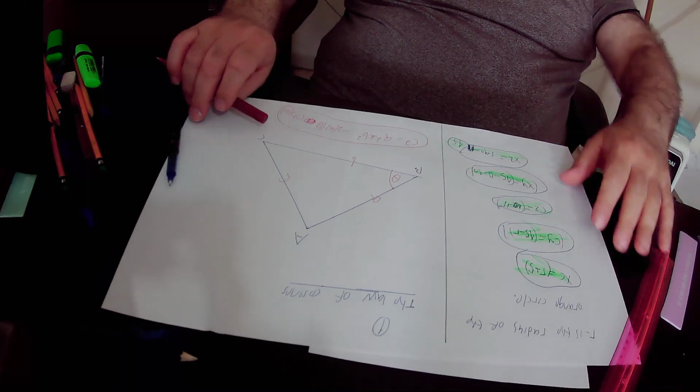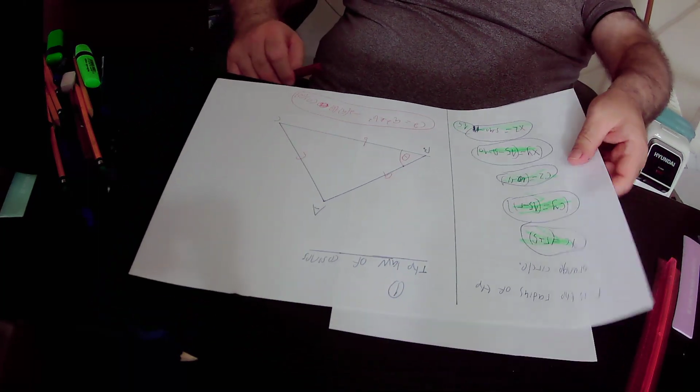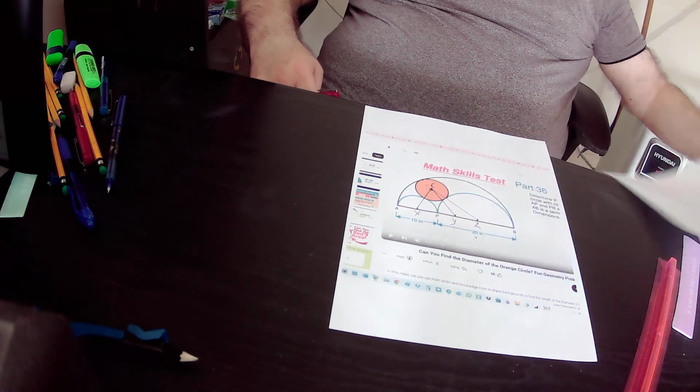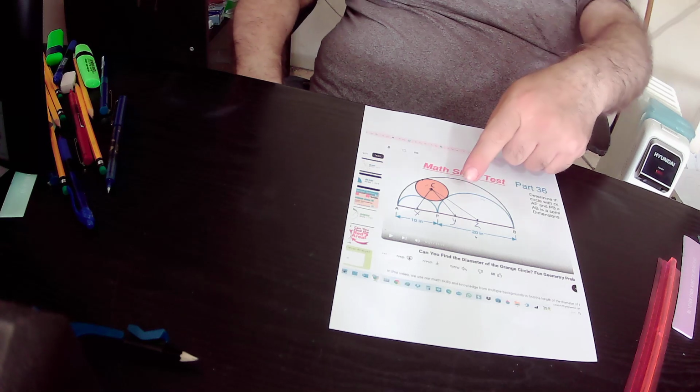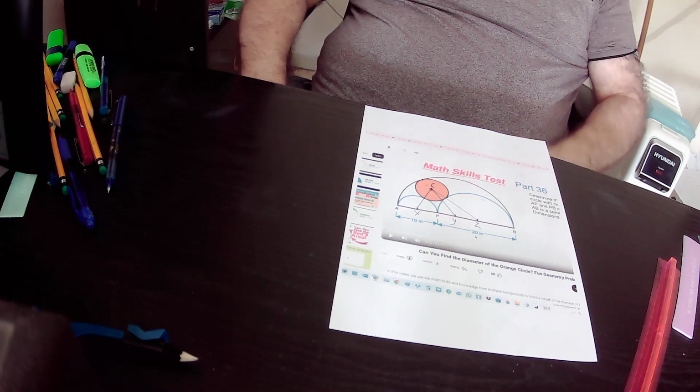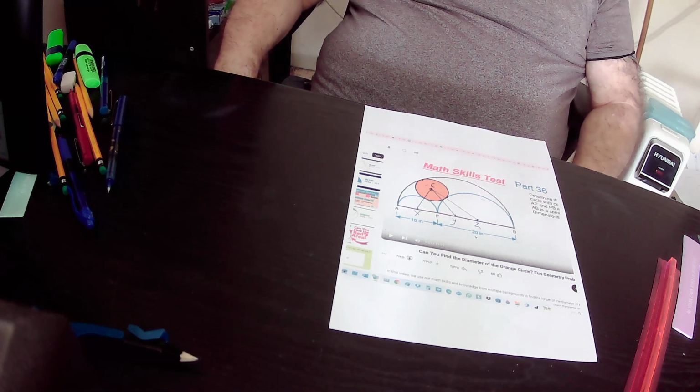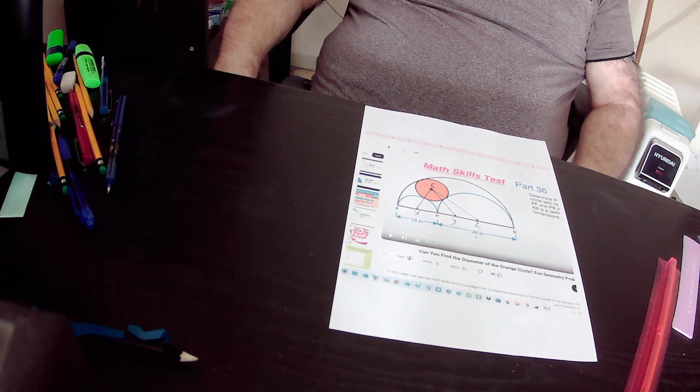So we'll implement the law of cosines in our triangle CXY. So I'll copy triangle CXY in a new page and we will implement the law of cosines in this triangle.